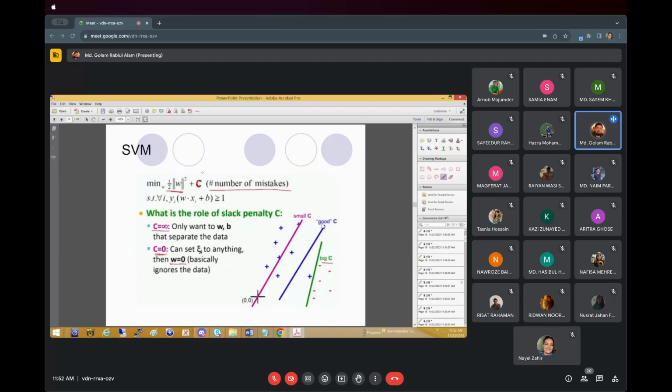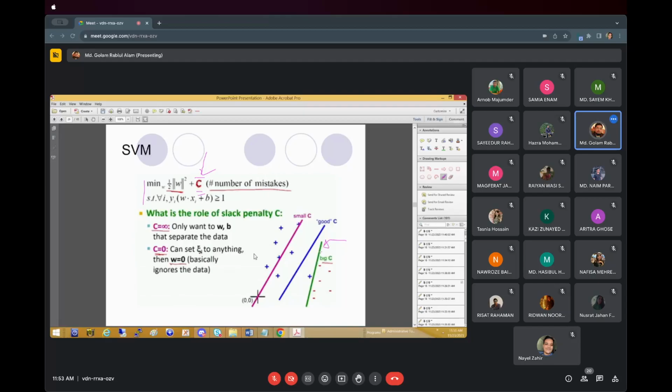If we assign a very large value to C, that means a very high penalty, then the model will not allow any misclassification, because even a single mistake gets a huge penalty. But if we set C to a very low value, then it will allow many misclassifications, and that's also problematic.